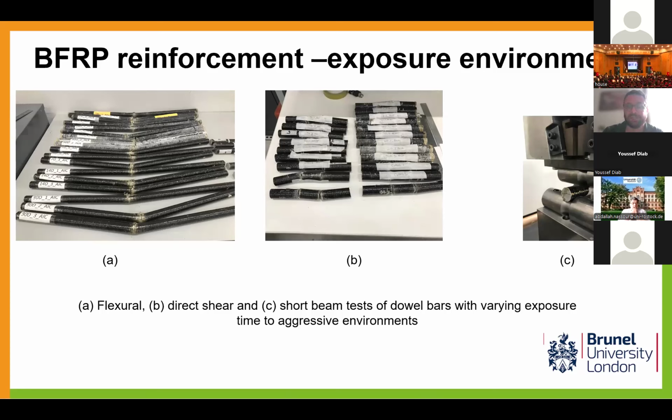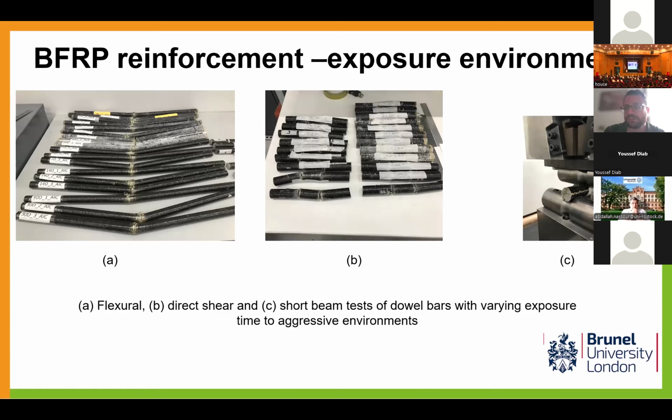In a funded project, thanks to Innovate UK, we carried out some elementary testing of this rebar, for dowels in slabs. We tested flexural shear and direct shear according to the ISO standard, and we put these dowels and rebars in an active environment, which is an alkaline environment, and also a chloride or acid environment.